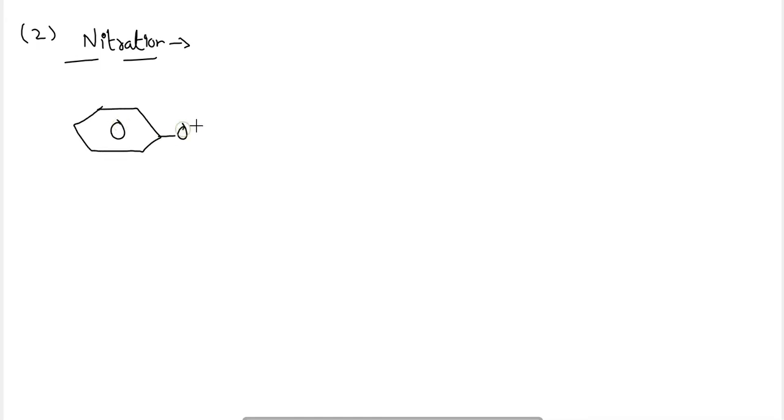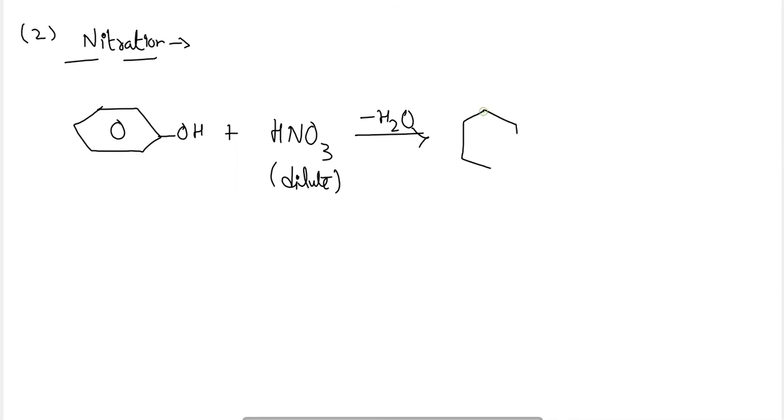On reacting phenol with dilute nitric acid, nitration of the compound will take place, and 2-nitrophenol will be formed, also termed orthonitrophenol.